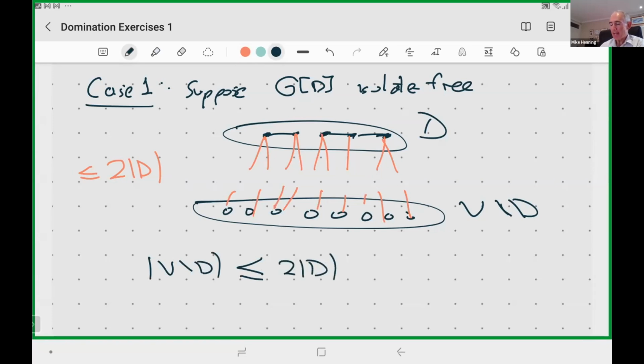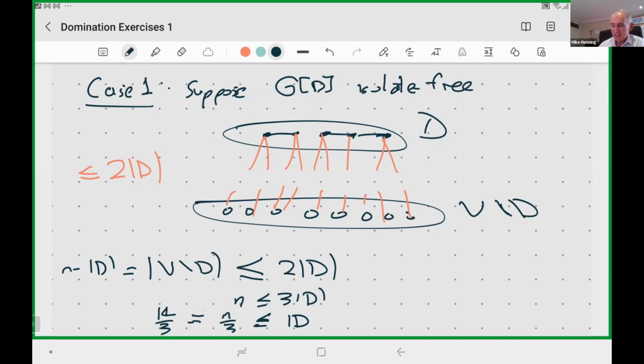Because if everything's dominated, everything in V minus D must be incident to one of these red or orange edges. But there are at most 2 times the cardinality of D orange edges. And this is n minus the cardinality of D. So what we get is that n is less than or equal to 3 times the cardinality of D, or equivalently, D is at least n over 3. But what is n? Well, n here is 14.